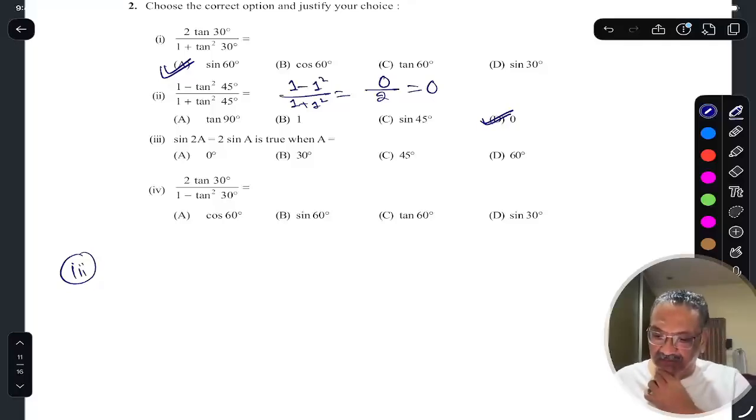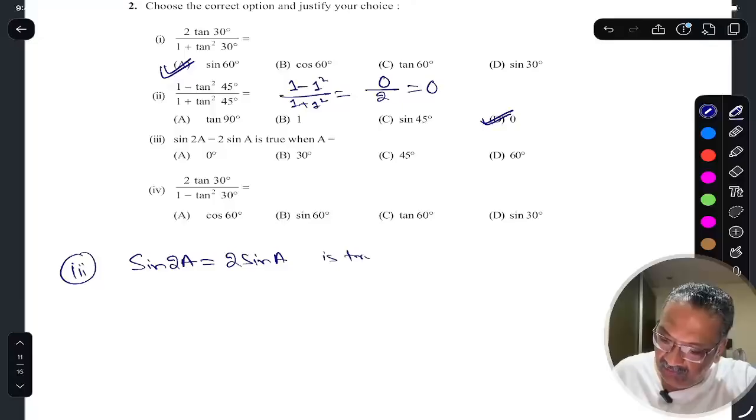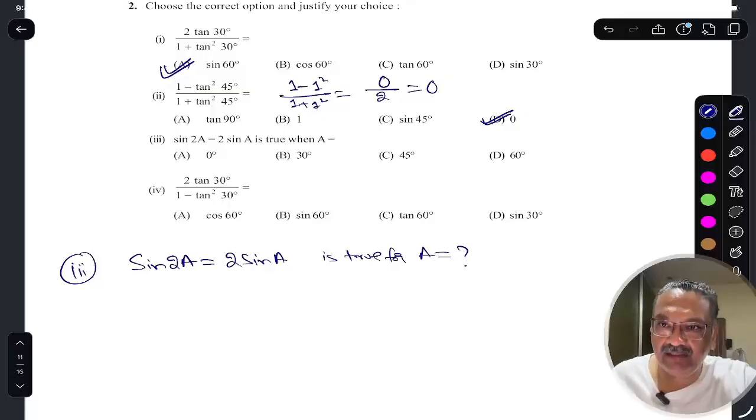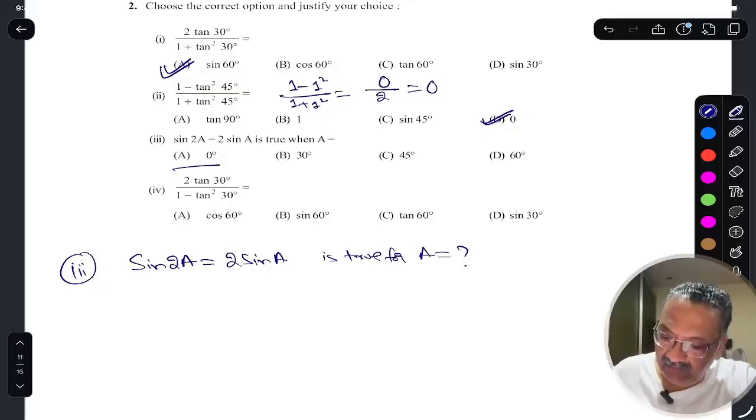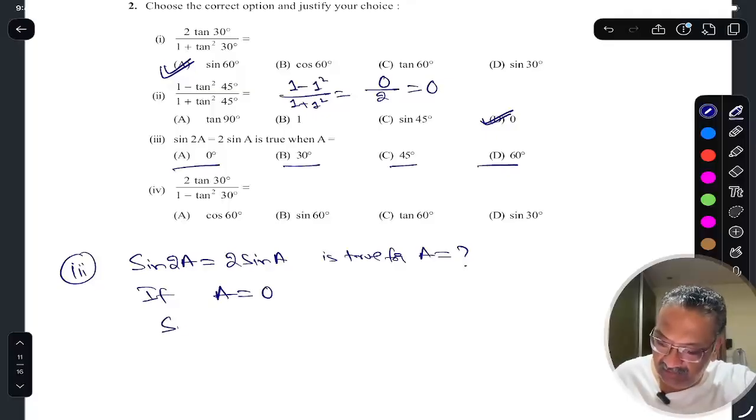Now the third part where they're asking sin twice of A is equal to 2 sin A is true. For what value of A is it true? They have given multiple choices. So let us consider one by one. If A is equal to 0, then what happens?